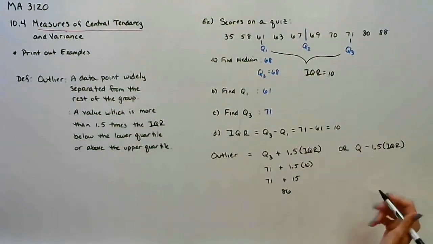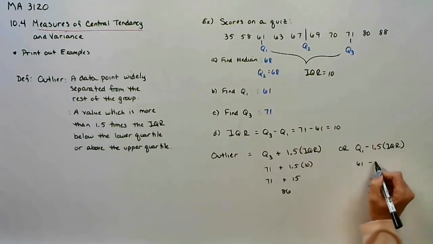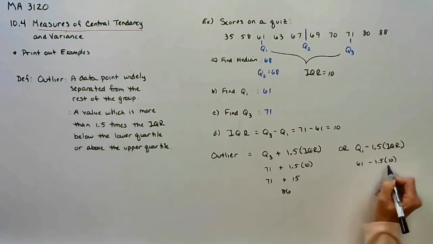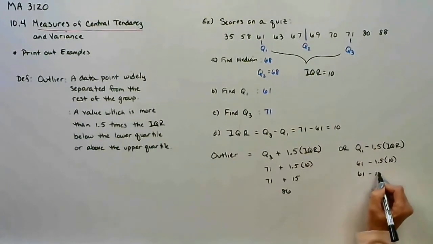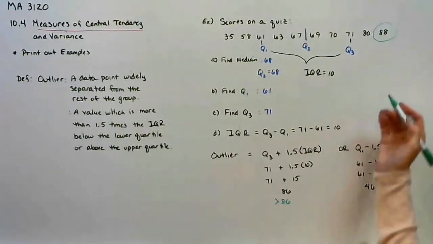An outlier is also going to occur if I take that first quartile, which was 61, and subtract 1.5 times 10. 61 minus 15 gives us 46. So anything that is less than 46 is also an outlier. So do we have any? If we look at our data set, anything greater than 86, we do: 88.